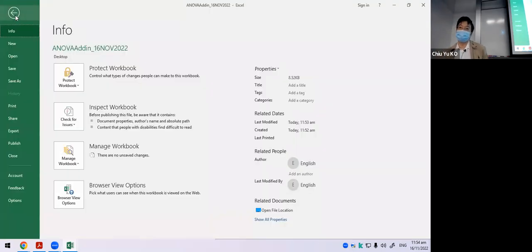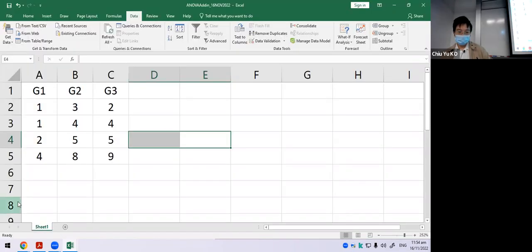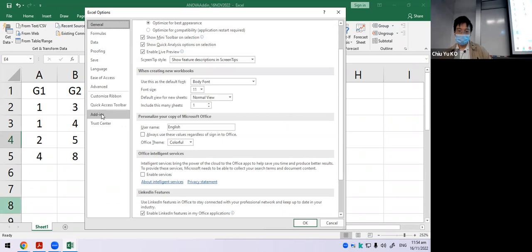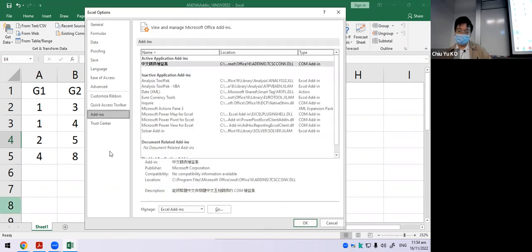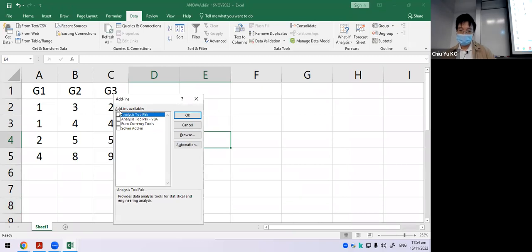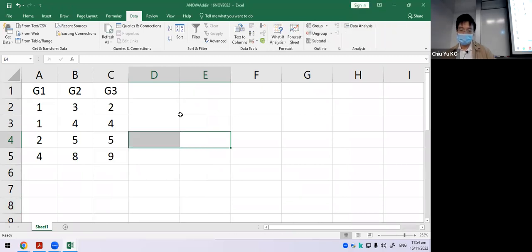You go to options and you go to add-ins. Although some of you may say, why use Excel? Because you have Python, you have C, you have many software. But unfortunately, the business world currently still uses Excel in many cases. So your boss will probably appreciate it if you use the tool that he knows very well. Okay, so the data analysis is here.